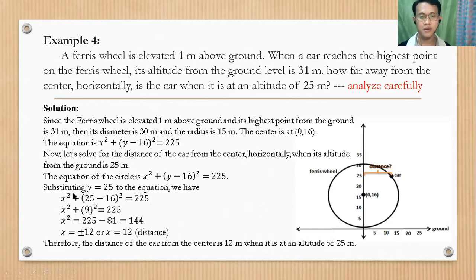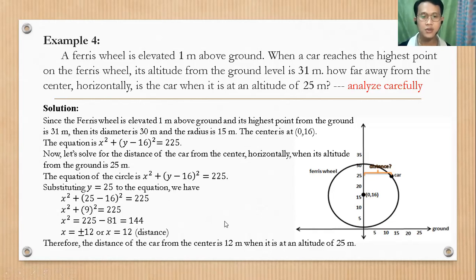Then you perform the operation: 25 minus 16 is 9. So we have x squared plus 9 squared is equal to 225. Then x squared is equal to 225 minus 81, because 9 squared is 81, and 225 minus 81 is 144.